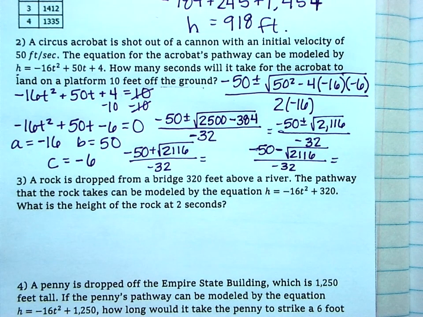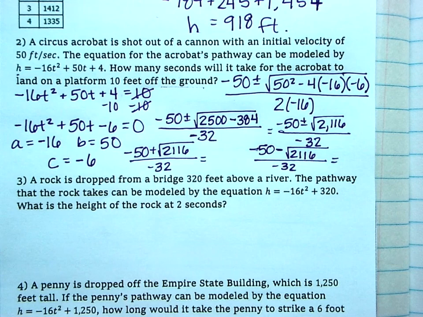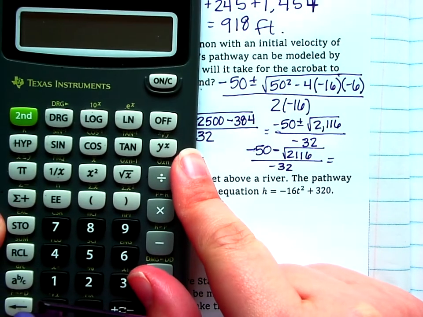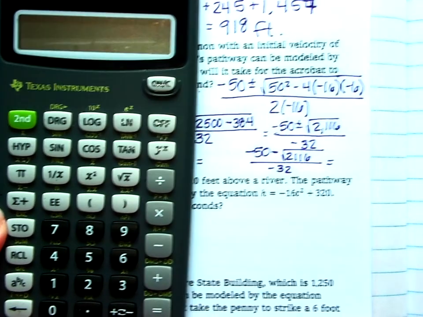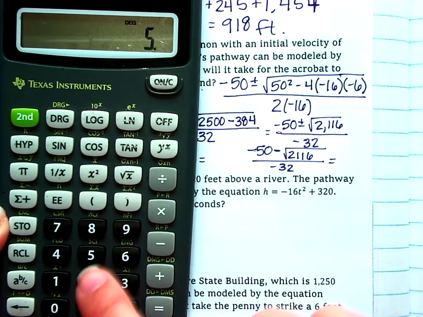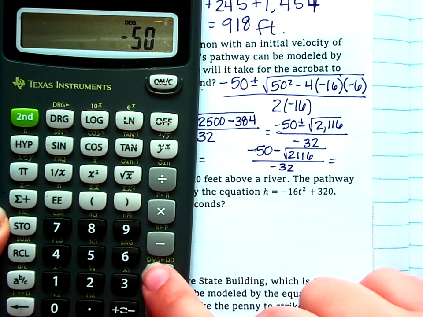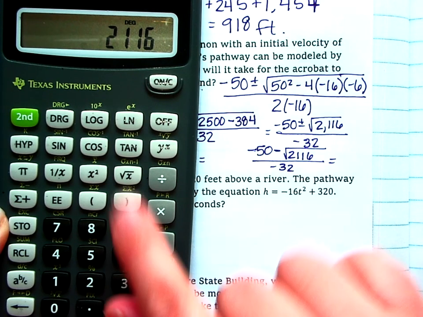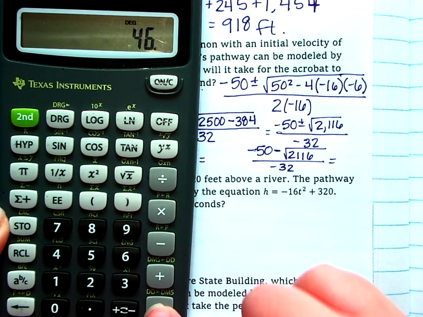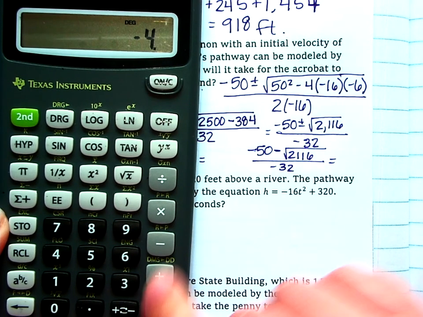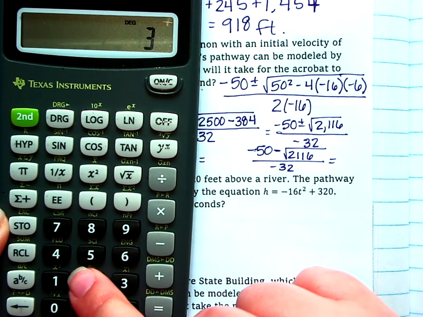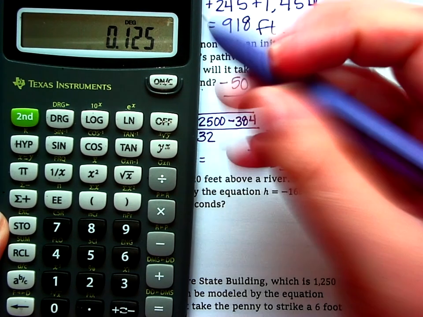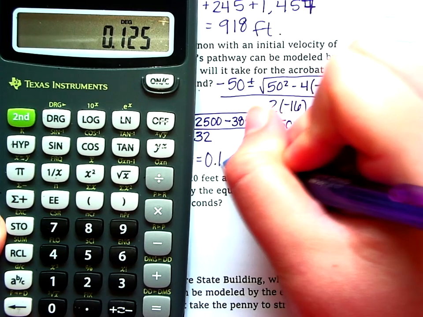Alright, so using the FSA approved calculator, we are going to type negative 50 plus the square root of 2,116, equals, divided by negative 32, equals. Now that gives us 0.125.